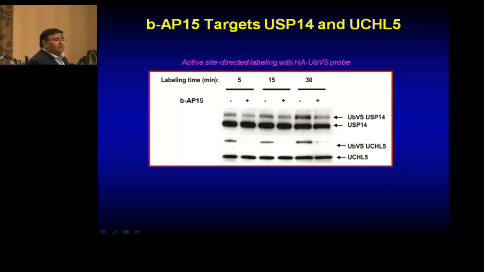Okay, so here is the third assay that we did to establish that indeed BAP15 targets USP14 and UCHL5. We used the HA-tagged ubiquitin vinyl sulfone probe, and this is a competitive probe that binds to the active cysteine residues within the DUB active domain.